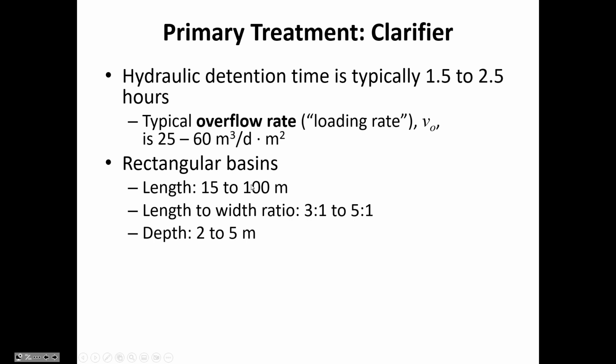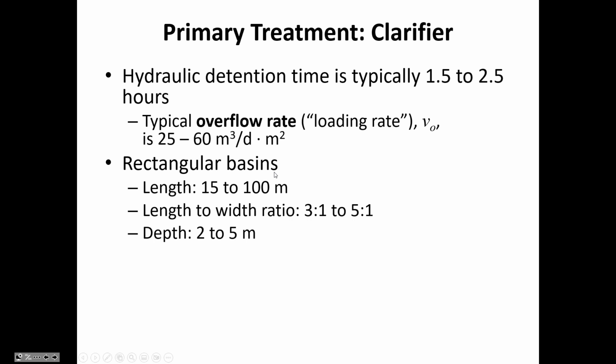In the case of rectangular basins, there may be a cumulative length of between 15 to 100 meters depending on the flow rate. Typically they're longer than they are wide because we want the water to be flowing in a plug flow manner, and we've talked about how that can be accomplished.